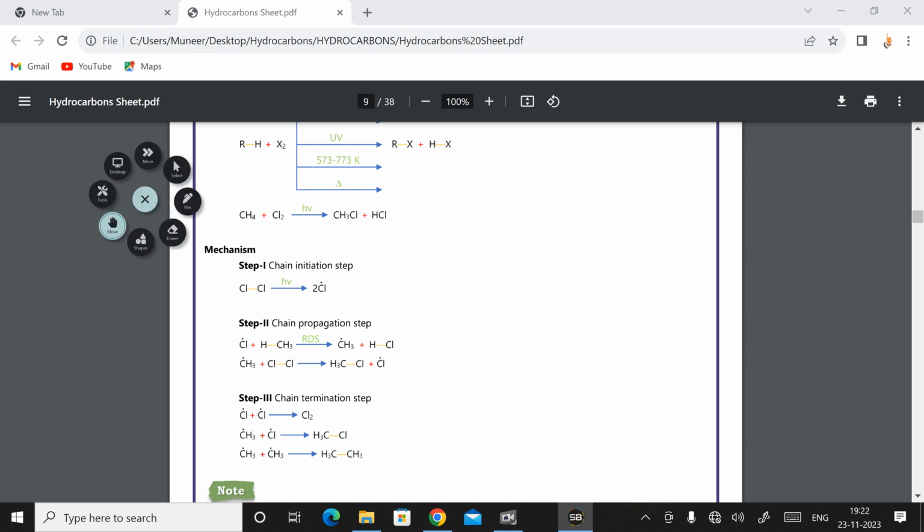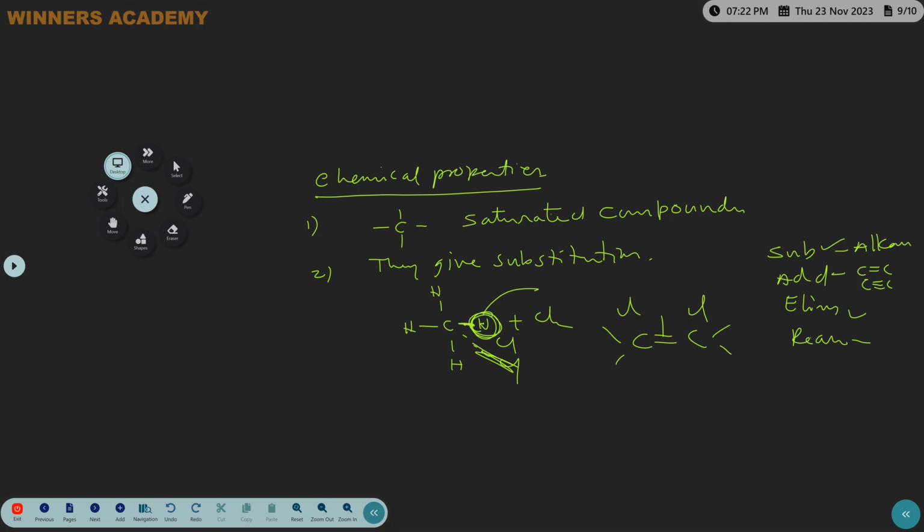Now in alkanes, substitution of halogens takes place in 3 steps. What are those 3 steps? Halogenation means addition of halogen. Halogenation in alkanes takes place in how many steps? 3 steps. What are those 3 steps?